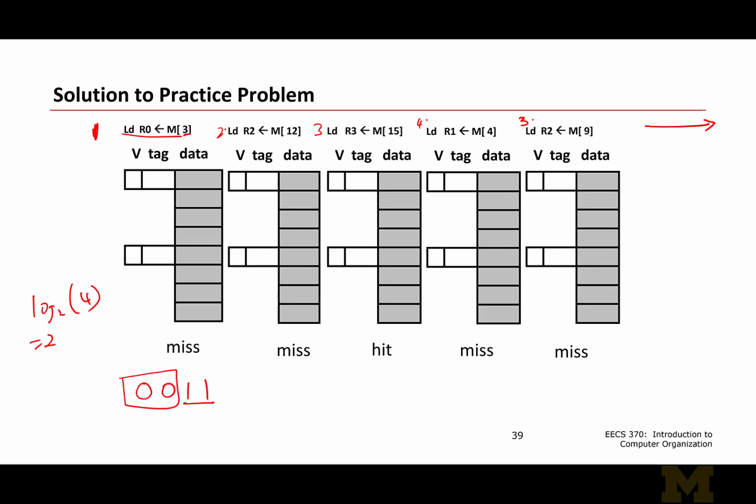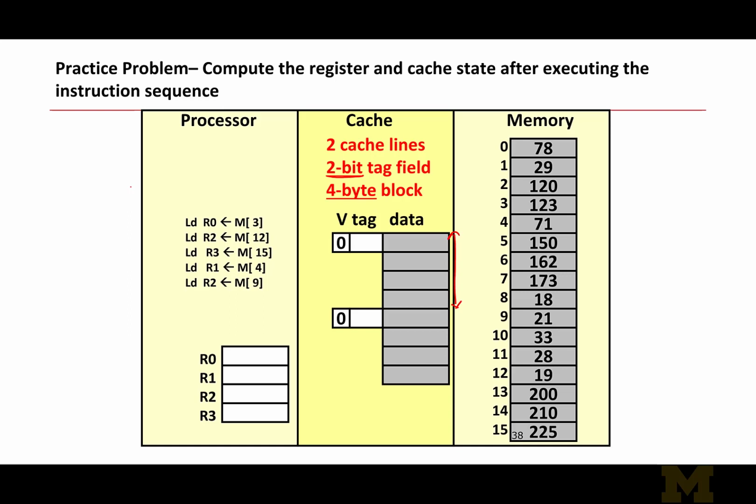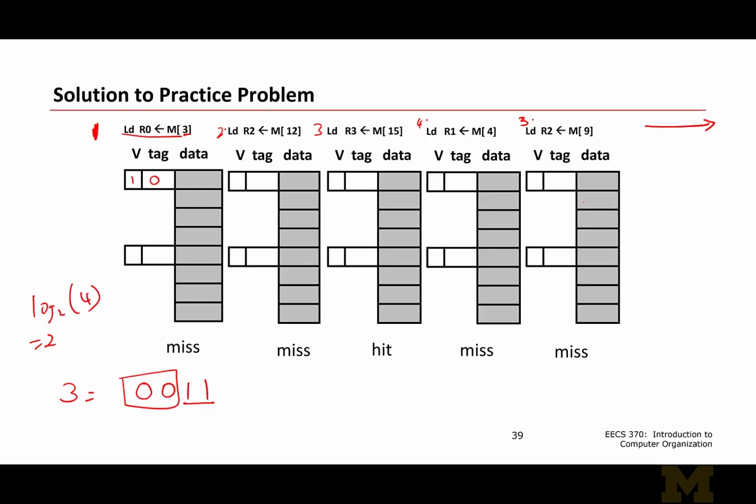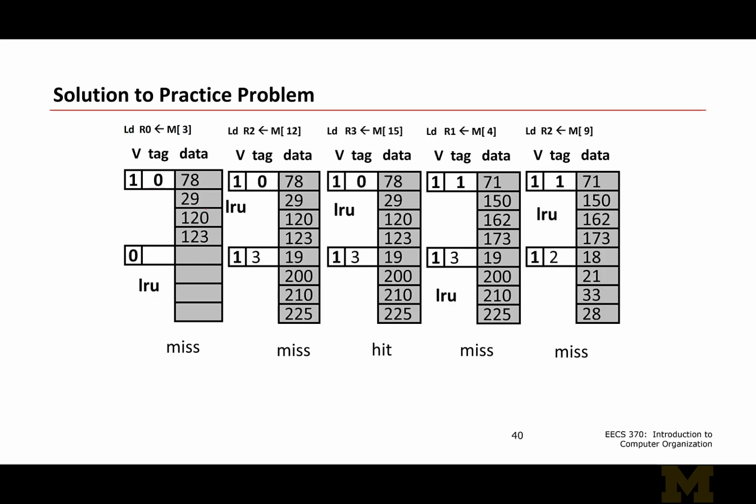So when I access address 3, the tag is 0, and I would set the valid bit and bring the data corresponding to the block containing the address 3, which would be all of this data. So it will be 78, 29, and so on. So then I can carry on this exercise for the next address 12.